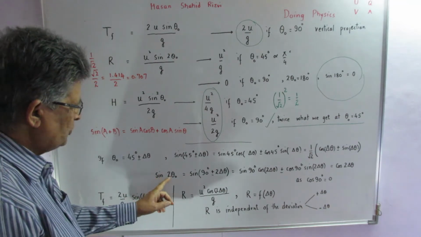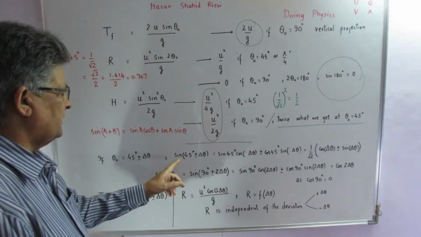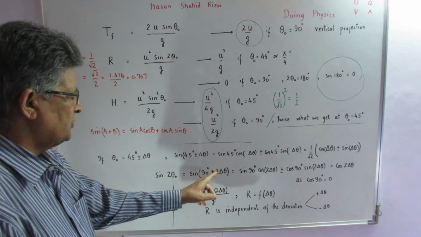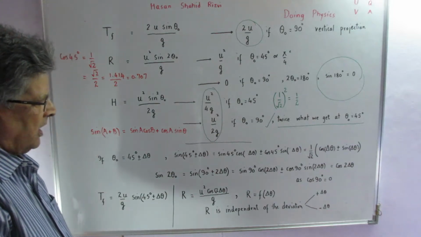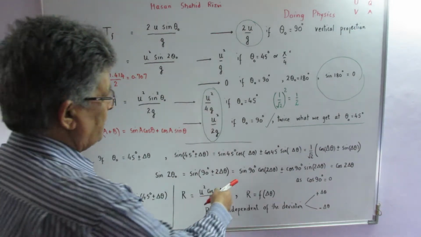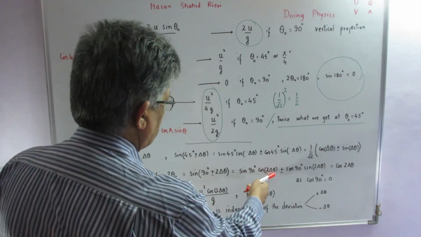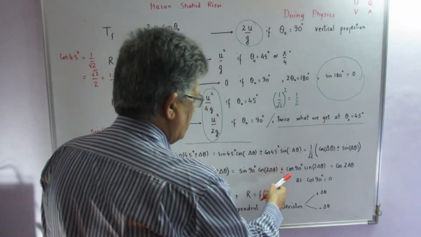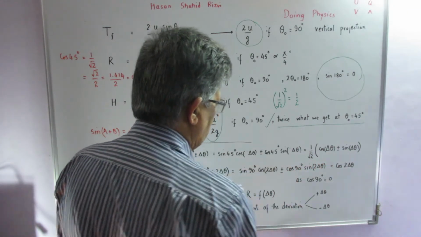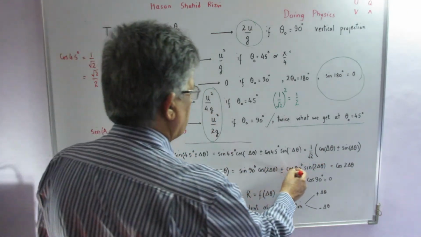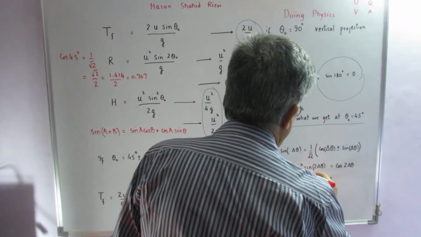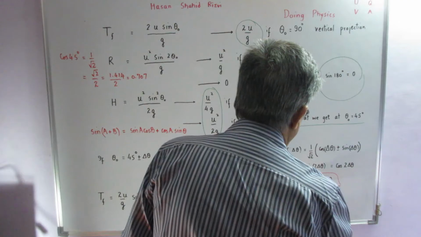So sine of 2 theta naught will become equal to, I'll just double this angle and I'll get sine of 90 degrees plus minus 2 delta theta, which again, when I break into the two components, will be sine of 90 degrees cos of 2 delta theta plus minus cos of 90 degrees into sine of 2 delta theta, and this term will become equal to 0 because cos of 90 degrees is equal to 0.